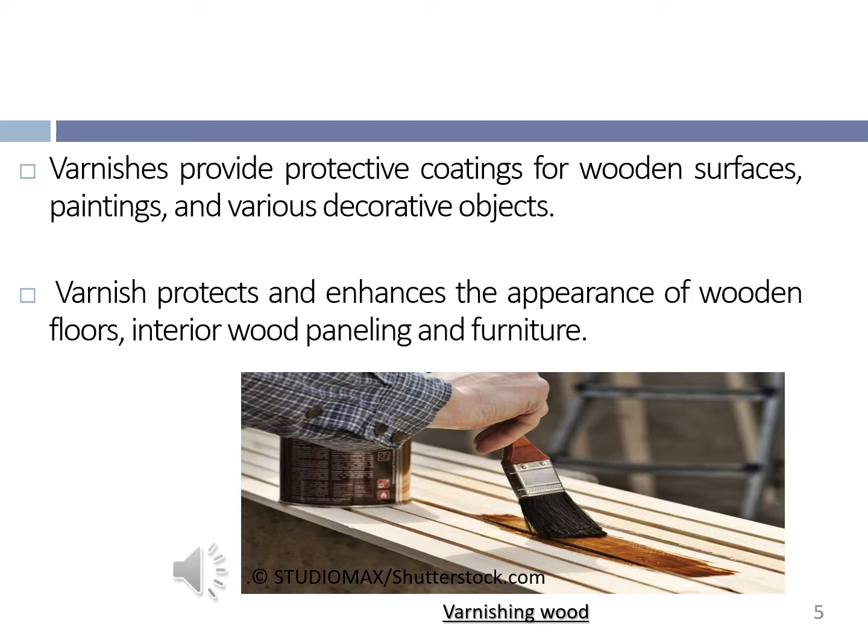So, varnish is used as a protective coating, and the various surfaces which are coated with varnishes are wooden surfaces, paintings, and there are some decorative objects which are coated by the varnishes. So, due to varnish, the product or the object will remain protected from the environmental conditions.